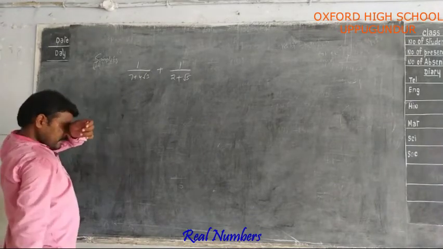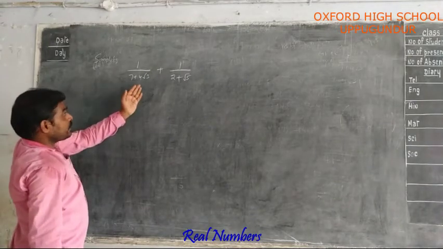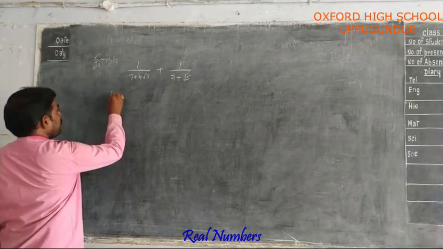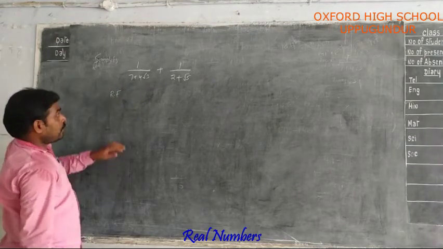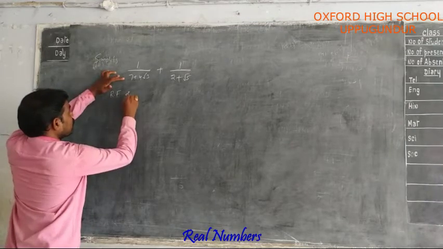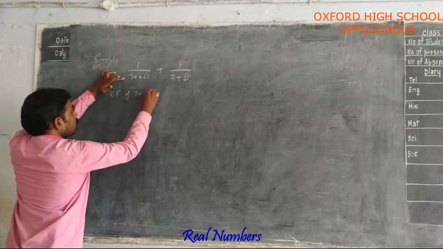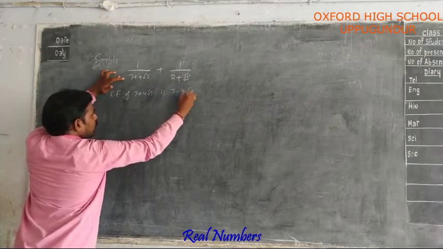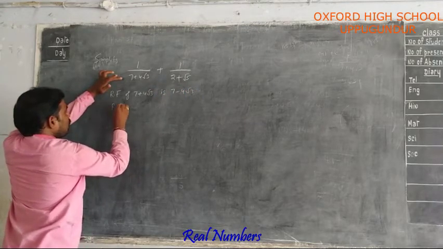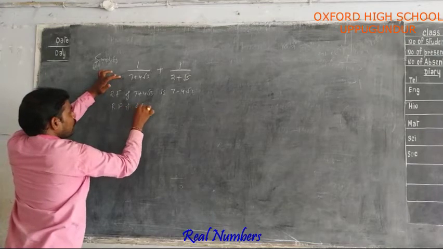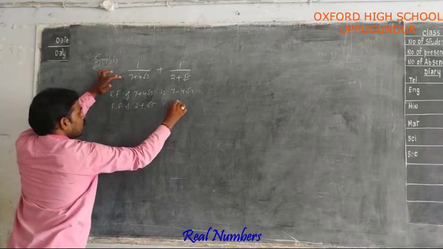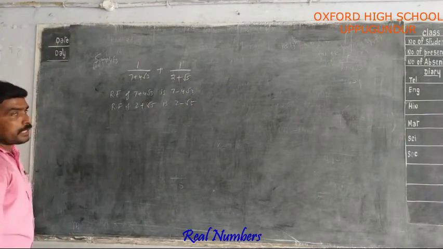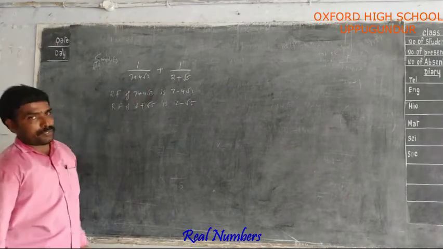Here, when you rationalize the denominators, first you write the rationalizing factors of the denominators. The rationalizing factor of 7 plus 4 root 3 is 7 minus 4 root 3. Similarly, the rationalizing factor of 2 plus root 5 is 2 minus root 5. These are the rationalizing factors of the denominators.